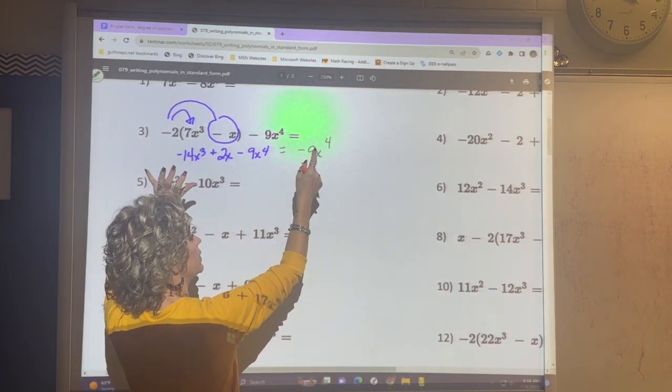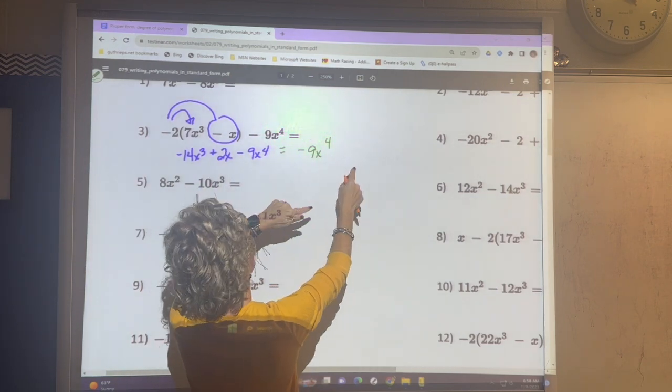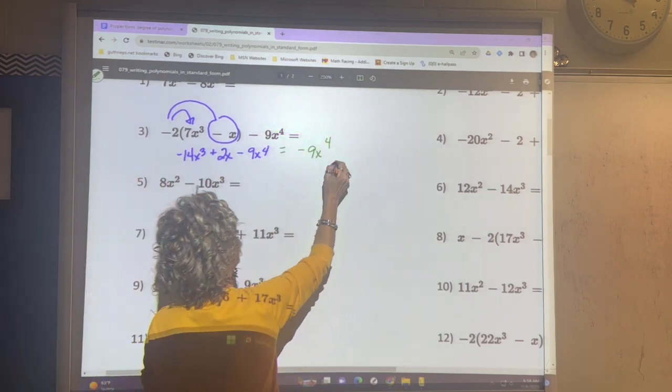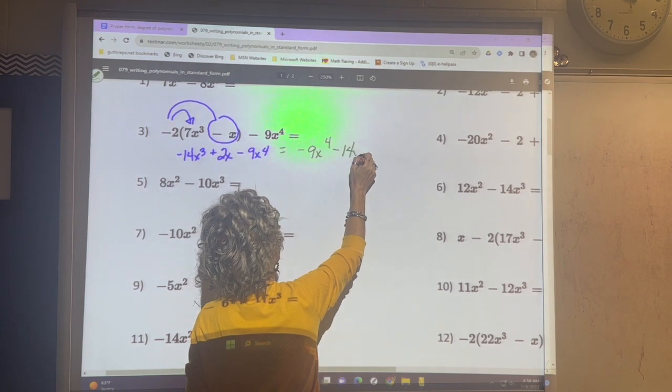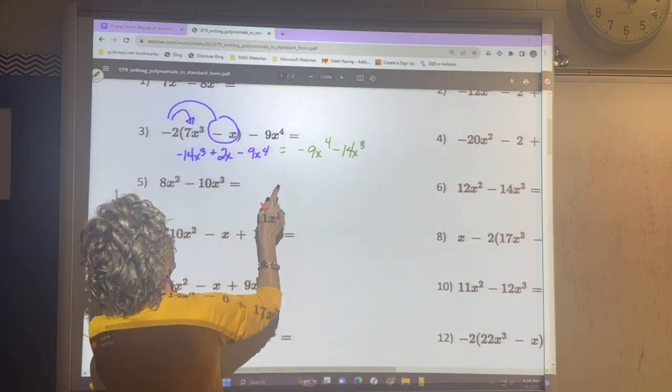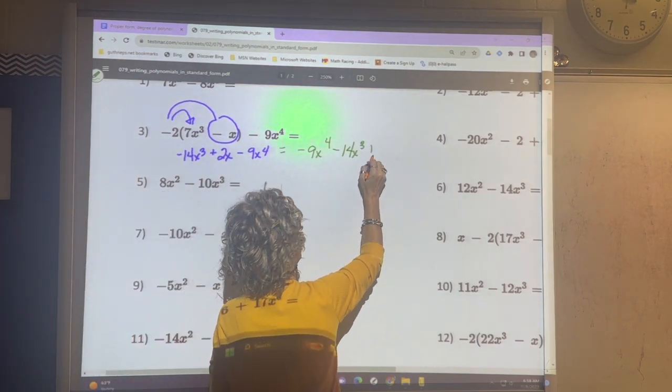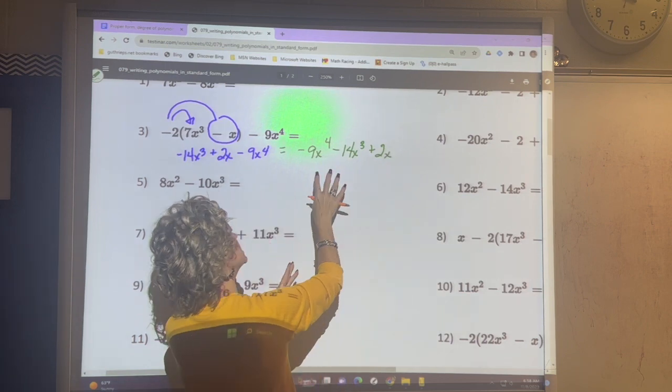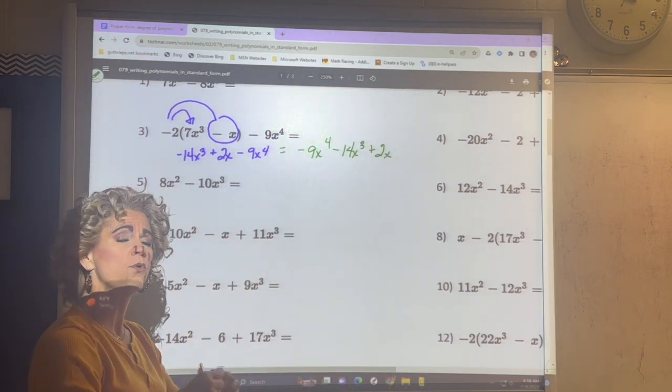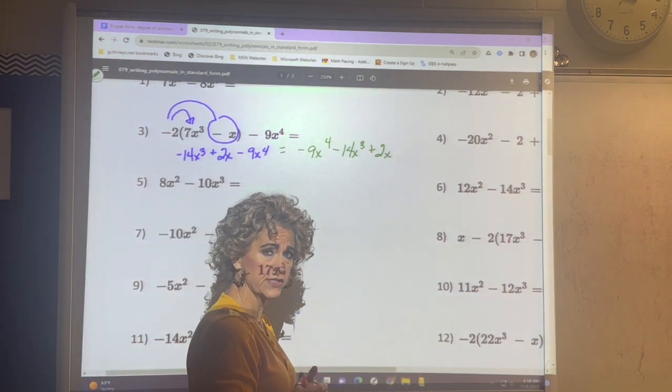If we have a cube, then we need to put it. This is a negative 14x cubed, keeping the signs with the numbers. And then we have a positive 2x. Now, this polynomial is in proper form, highest exponent to lowest exponent.